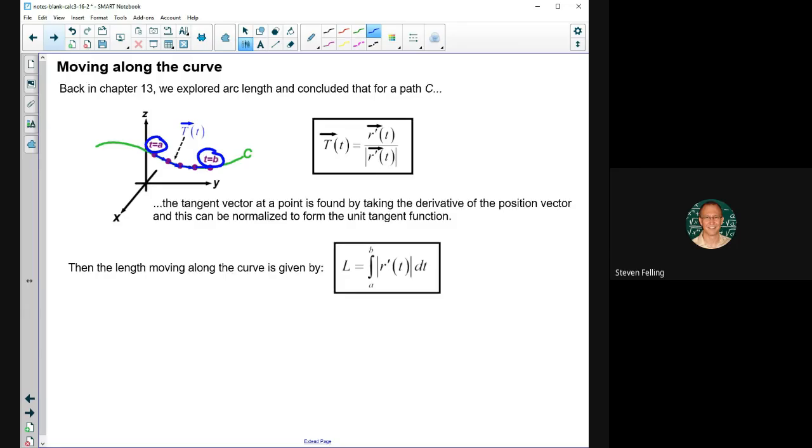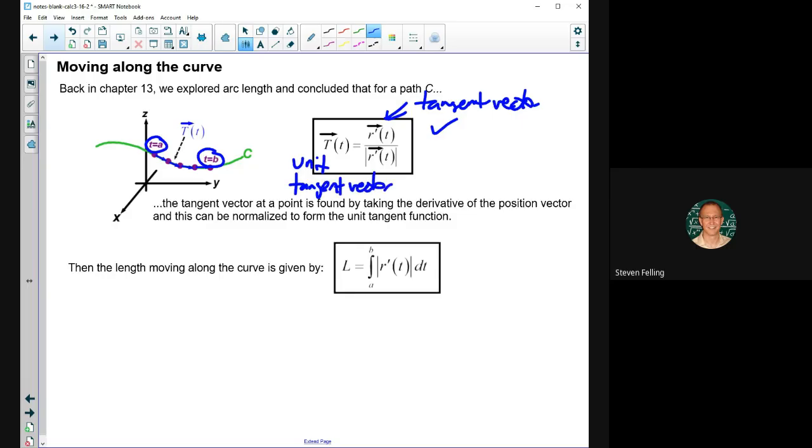Actually, T stands for the unit tangent vector, unit length, and that is defined this way. We take the tangent vector, that's what this vector is, r prime. In other words, we take the position vector, take the derivative, that's called the tangent vector, and then if you normalize it, you end up having something which is magnitude 1, so that gives you the unit tangent vector, okay?